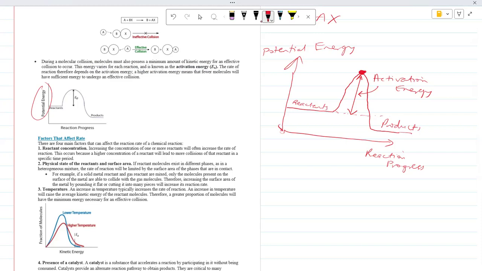So this is a diagram showing you the relationships between the reactants, activation energy, and then the products. Okay. Now, when the reactants have a higher energy level than the products, then we refer to this kind of reaction as an exothermic reaction.